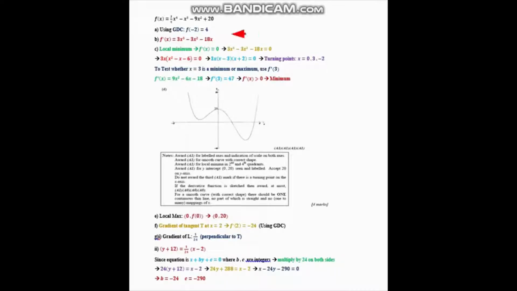So there is your derivative function. In question C, I am told that there is a local minimum when x is -2. I want to show that there is another local minimum at x equals 3.